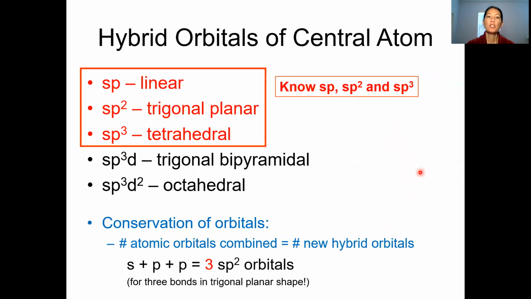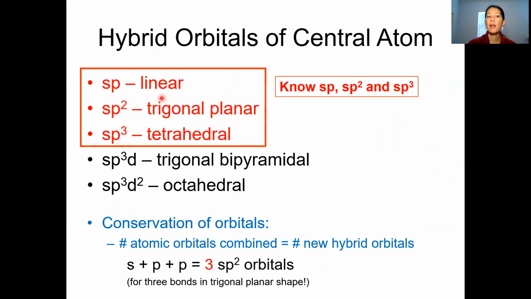Okay, just what you really need to know is to get something tetrahedral, you needed to form 4 new hybrid orbitals. So that'll come from blending an s and 3 p's. If you want to form a trigonal planar shape, you need 3 new hybrid orbitals. So that'll come from an s and 2 p's.